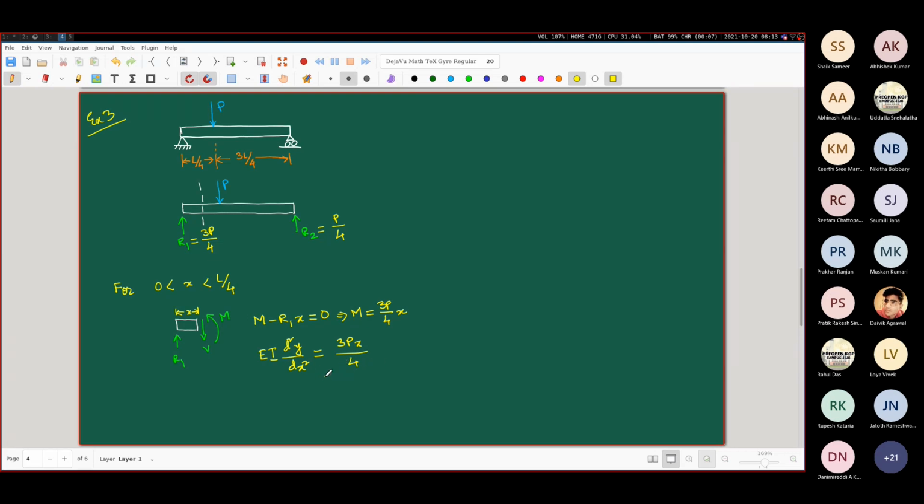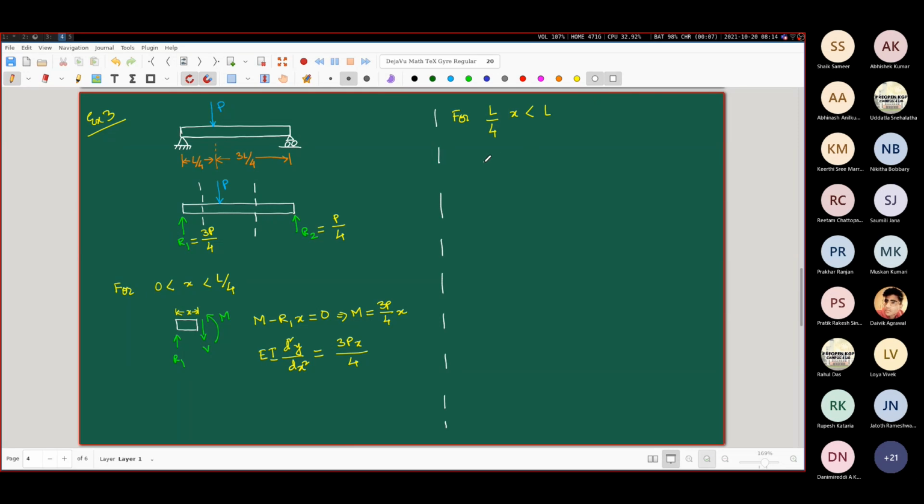You can all do this. Of course, there is the question of what boundary conditions, and we are going to come to that discussion properly a little bit later. Next, what I'm going to do is consider the x between L by 4 and L, which means that this time I'm taking the cut here.